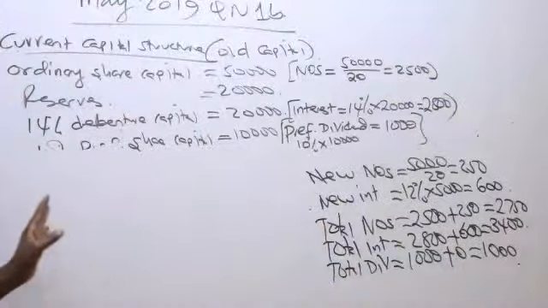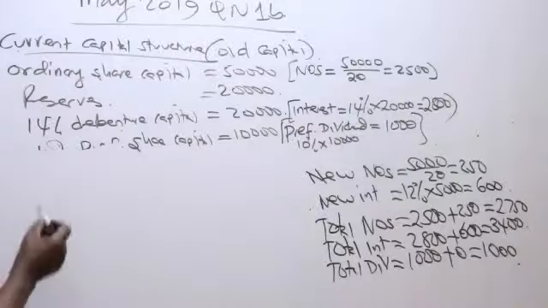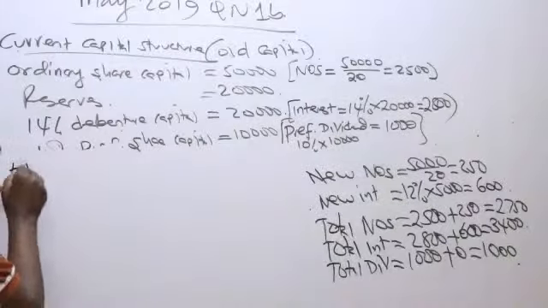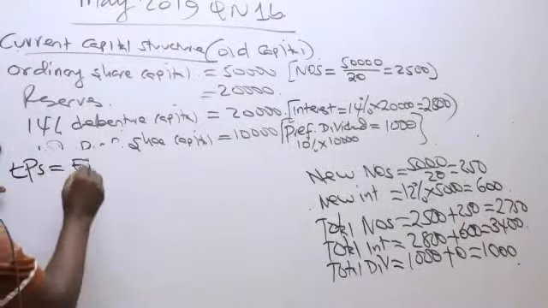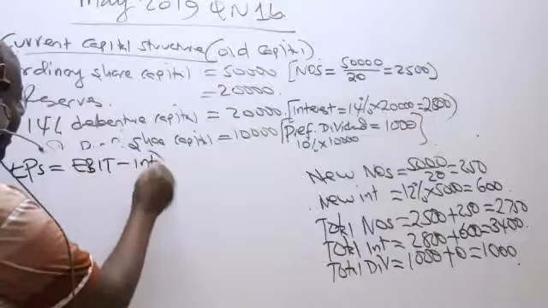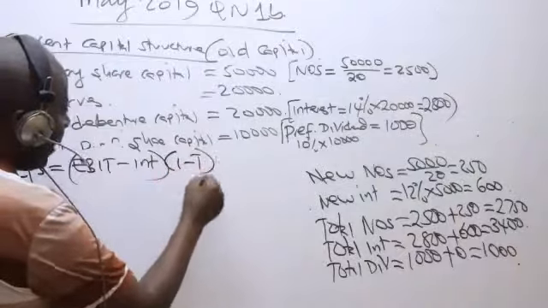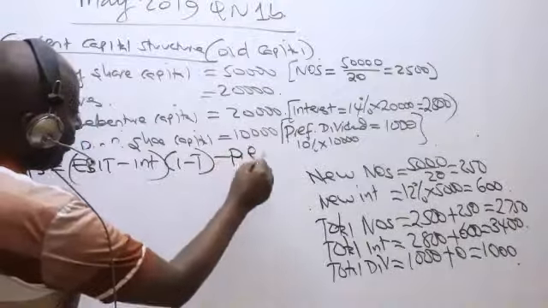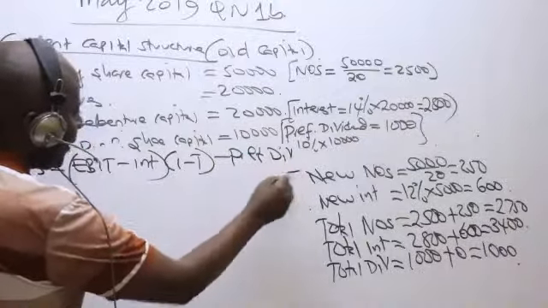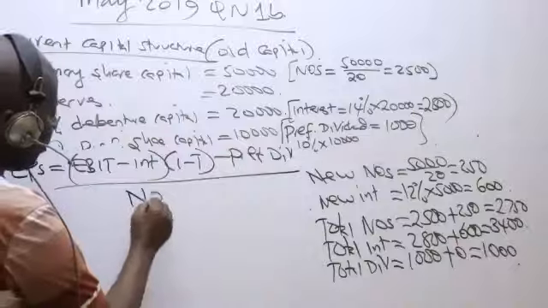It's not a new approach. Same approach. Great. So come here and give us the EPS formula. It is EBIT minus interest, times 1 minus tax, minus preference dividend, all over total number of shares.